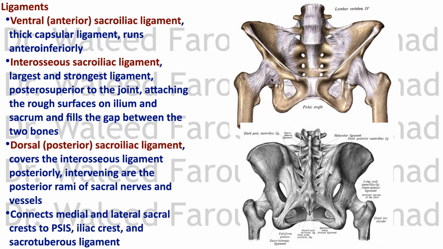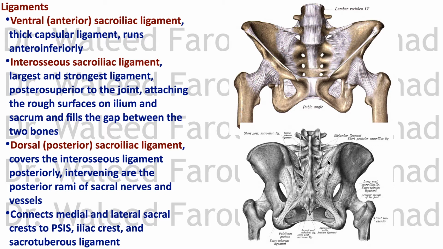The ligaments, you expect ventral sacroiliac ligaments, at the ventral aspect, and dorsal sacroiliac ligaments connecting the crests, the medial and lateral crest, to the iliac bone, and the sacrotuberous ligament, so connecting the sacrum to the iliac bone.